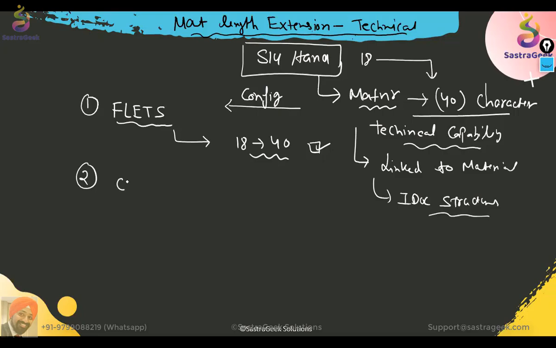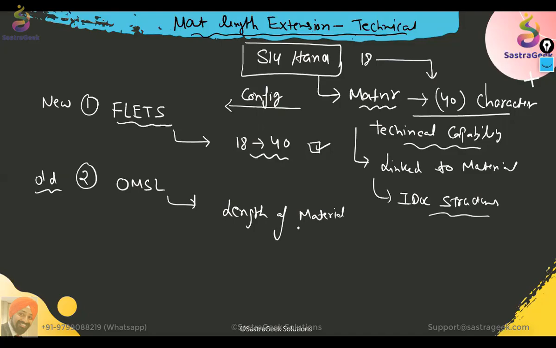Second transaction you need to do, this one is new. This one is old configuration only. OMSL. In OMSL, you define what is the length of material you require. Maybe you want to extend it from 18, but you don't want to allow people to create 40 character materials.